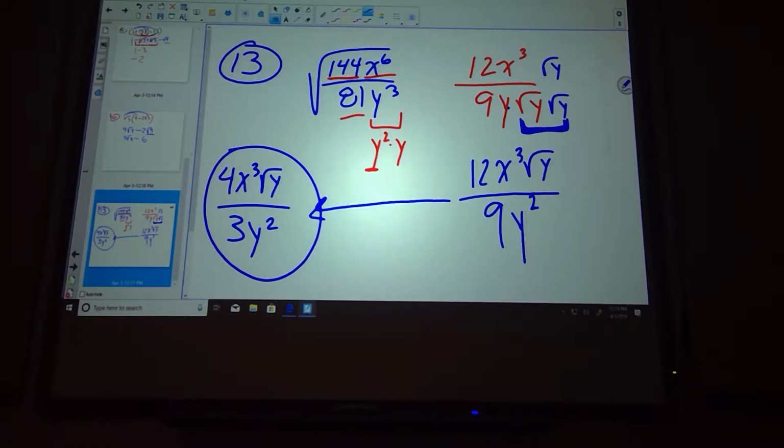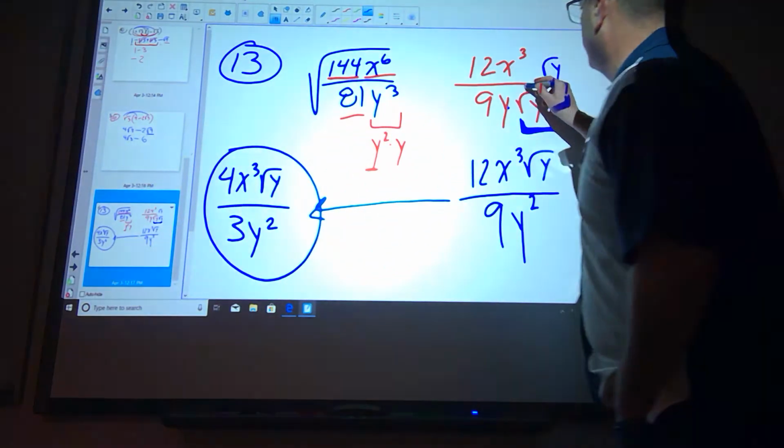Why did you move the y squared up? Why did I move it up? Because I had y to the third originally, so I broke that into y squared and y. Square root of y squared is just y. So right here, I don't want to have this.